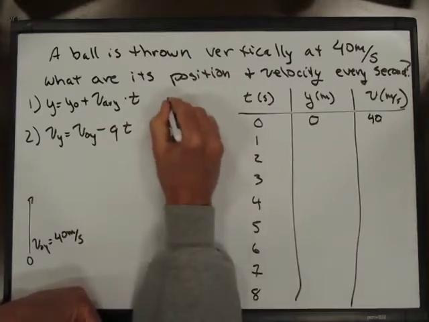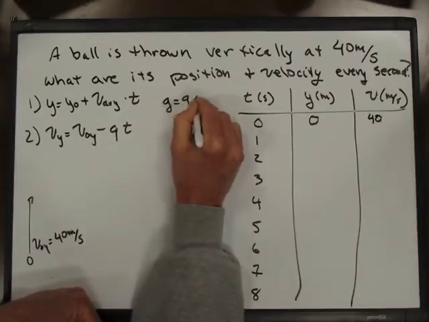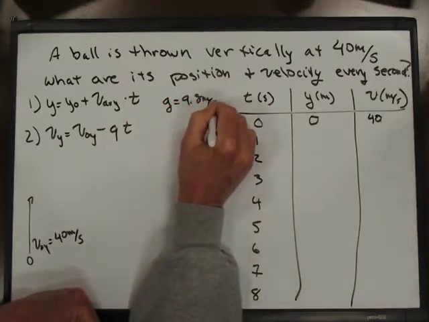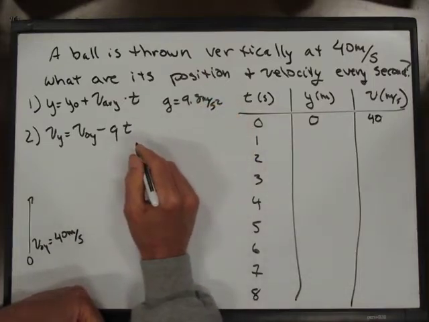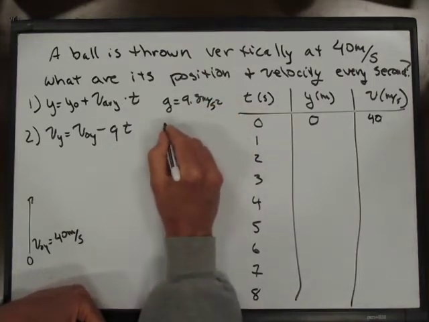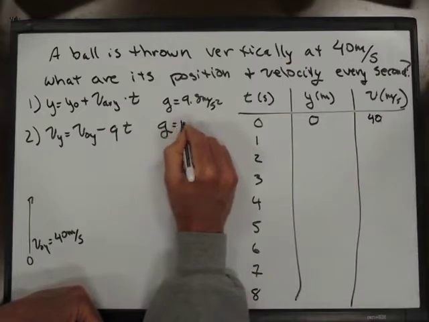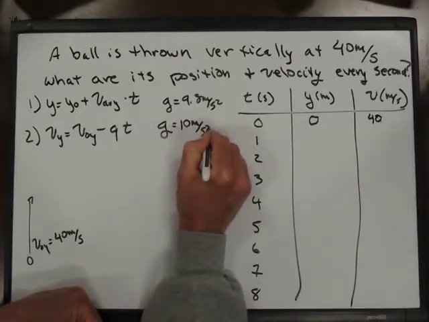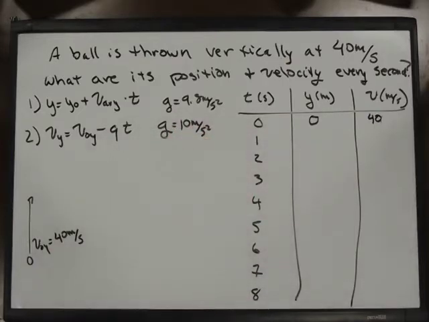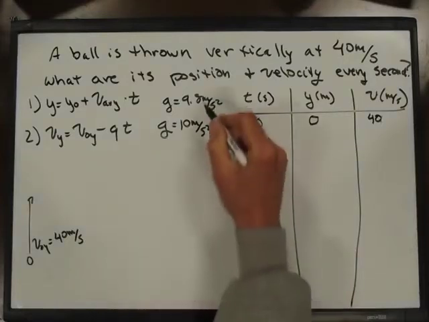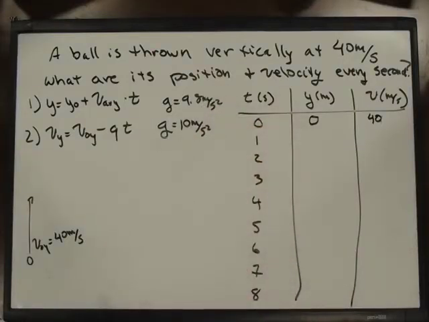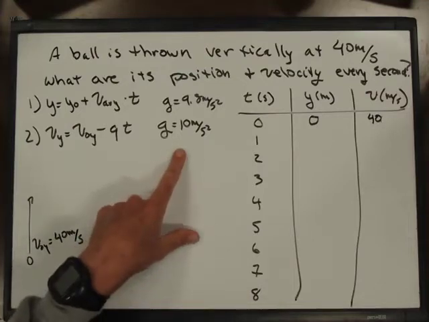Remember we said g is equal to 9.8 meters per second squared. But for discussions on the board and stuff, I'm just going to use g is equal to 10 meters per second squared because it's just easier to do math with it. It's only a 2% difference, so let's not panic. We're just going to assume it's 10.